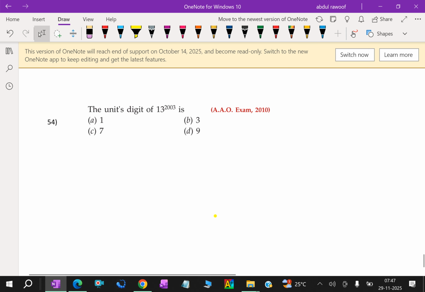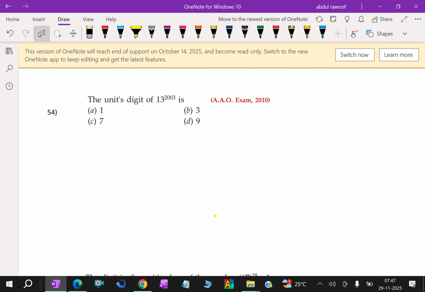Next question. The unit digit of 13 power 2003. Look at this.